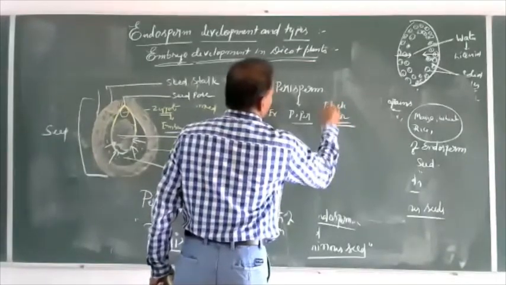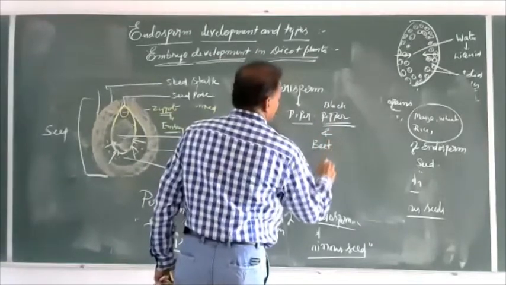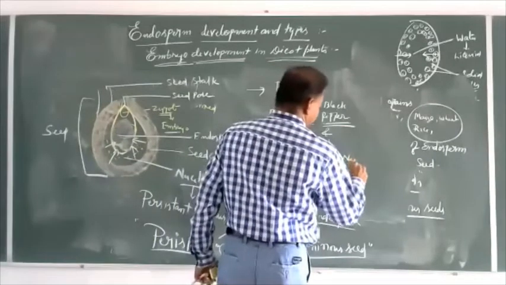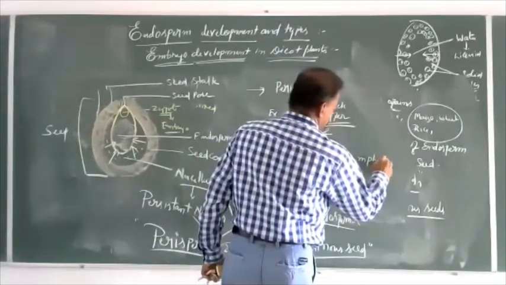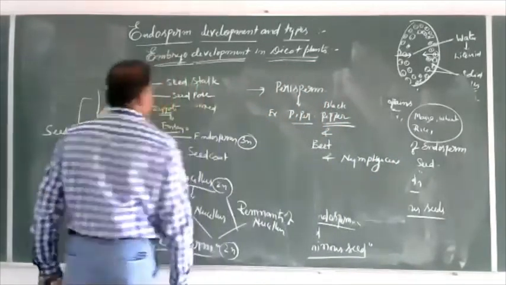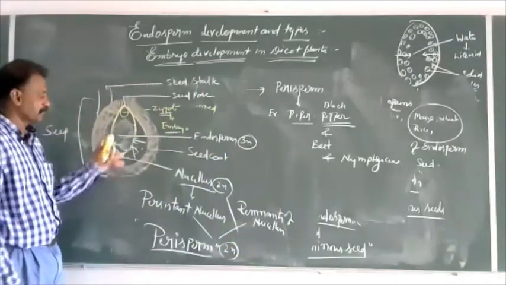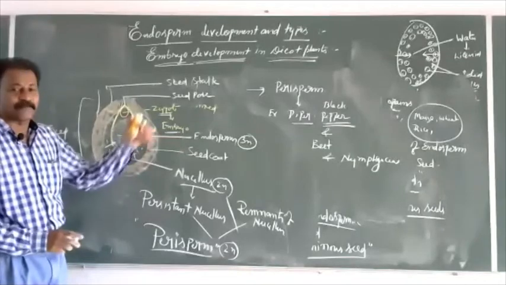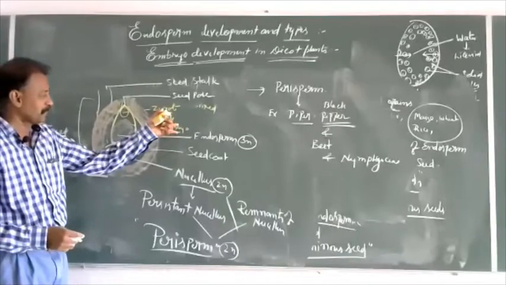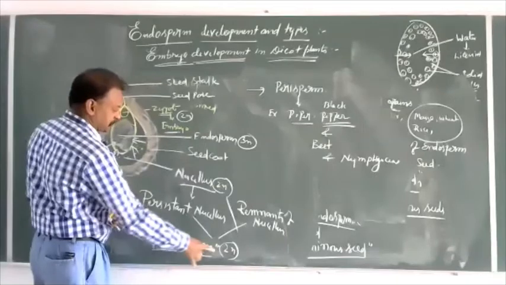In the textbook they have clearly mentioned it, and also beet, and also Nymphaeaceae members. Memory-based NEET questions. Based on the formation, zygote is always diploid, endosperm is triploid, perisperm is diploid.